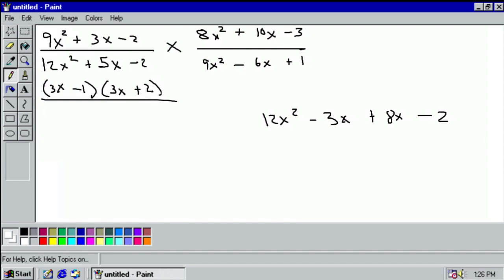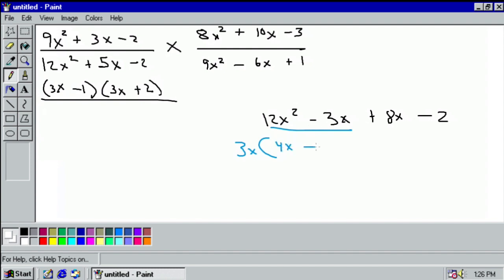Now, let's factor by grouping. Factor this part and this part. What is the GCF on this part? We have 3x. 12x squared divided by 3x is 4x.